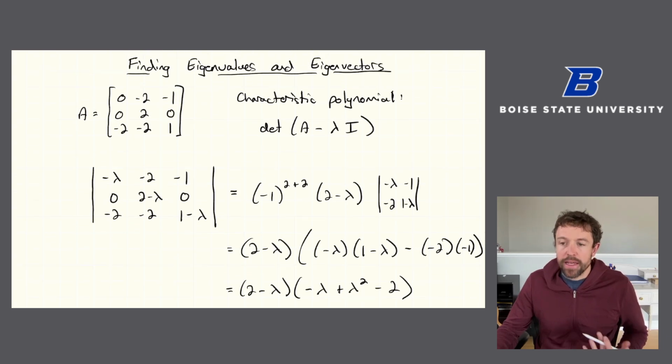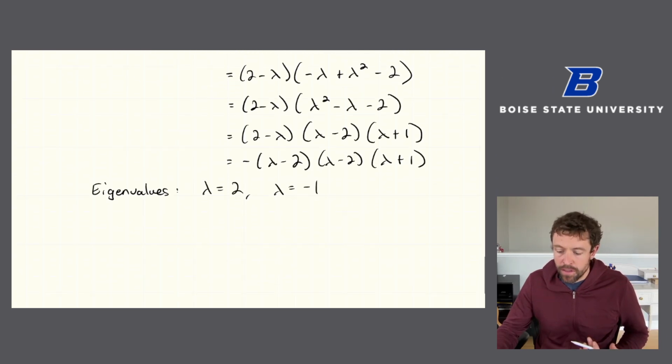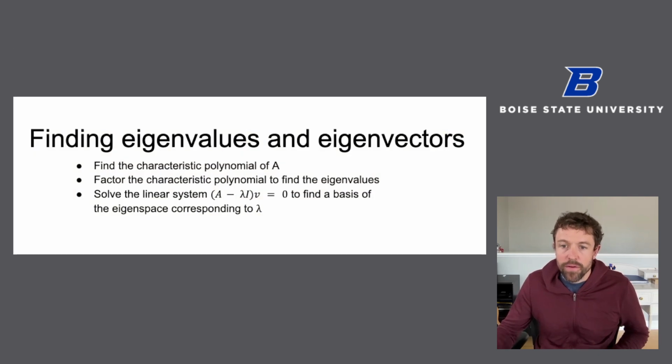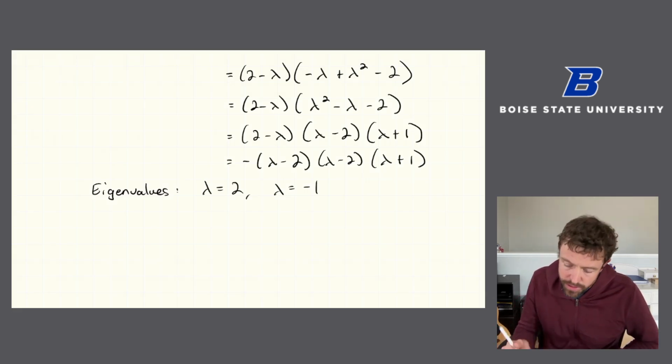How do I find the eigenvectors? Well, let's go back to our overview. I need to solve the linear system (A minus lambda I) v equals 0 to find a basis for the eigenspace corresponding to lambda. How does this look? Well, let's do lambda equals 2.